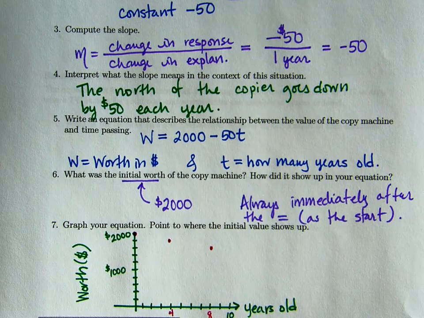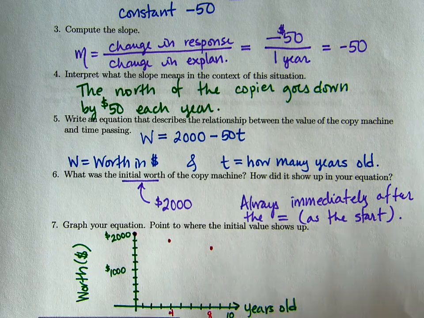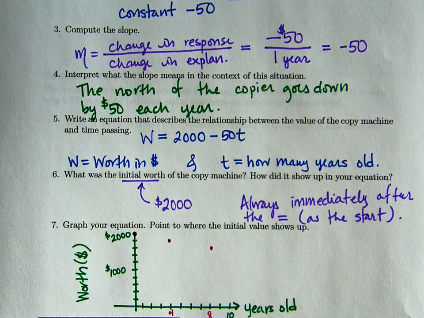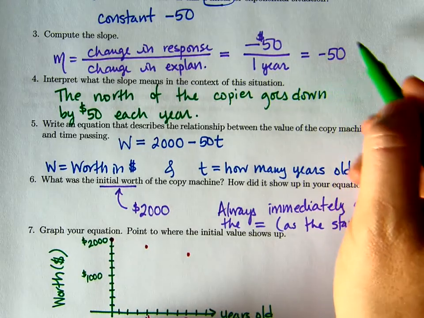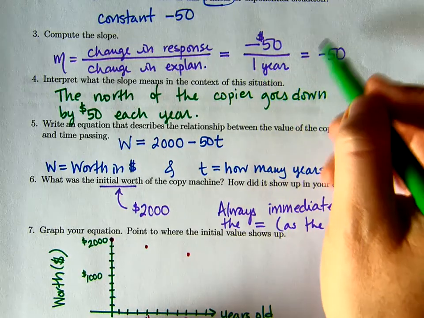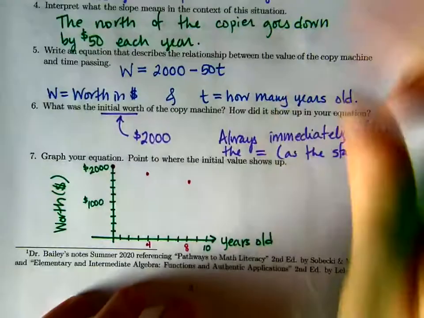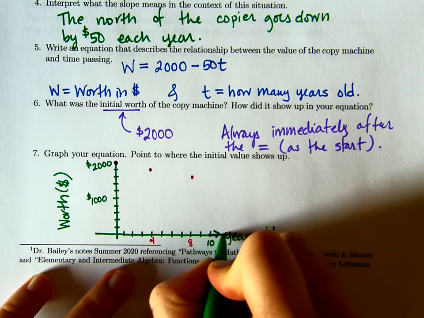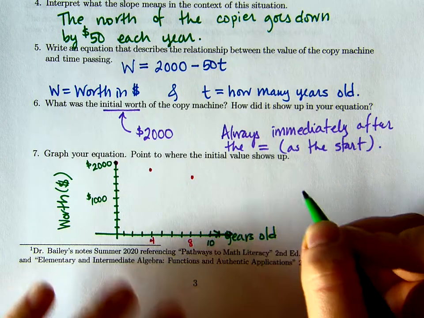Okay, got it. And then 10 years, no, maybe it's better to do 12. Just because if it's going down $50 per 1 year, then it's going down $200 every 4 years. So extend this, perhaps there.